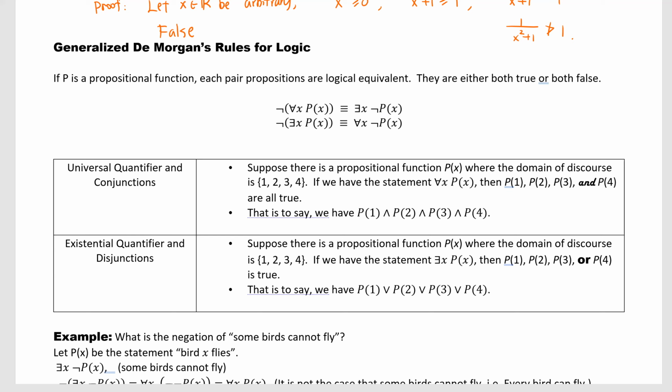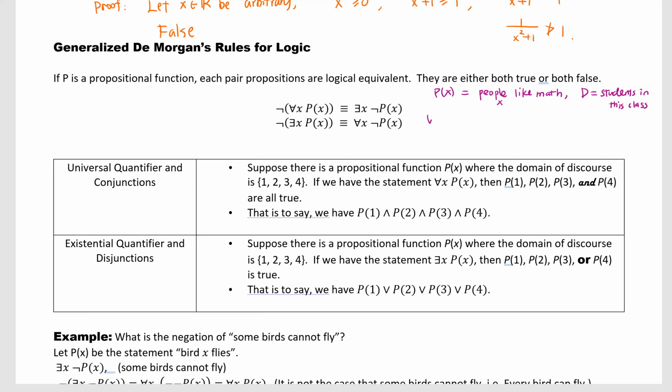Let me give you an example, okay? Let's say P of x is people x like math, and let D be the students in this class.